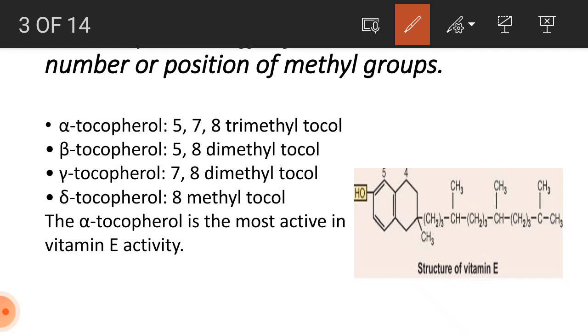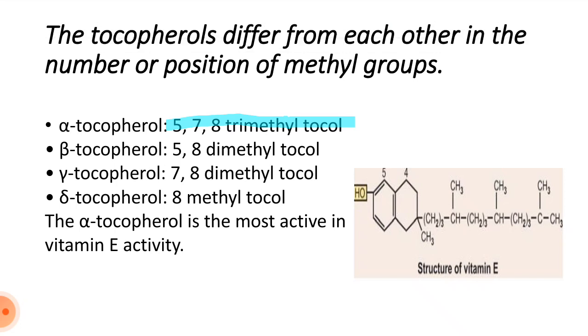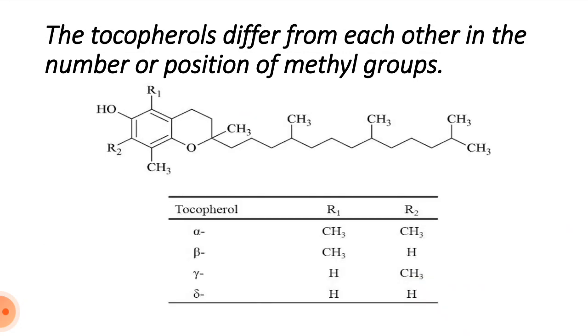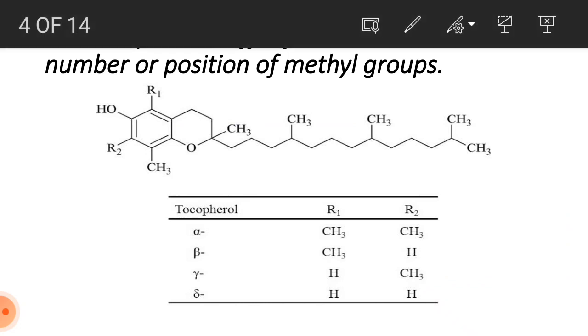For example, the first one is alpha-tocopherol. The nomenclature is 5,7,8 trimethyl tocol. So how do we come to this name? If we carefully look at this diagram, there is an R1 group and an R2 group.